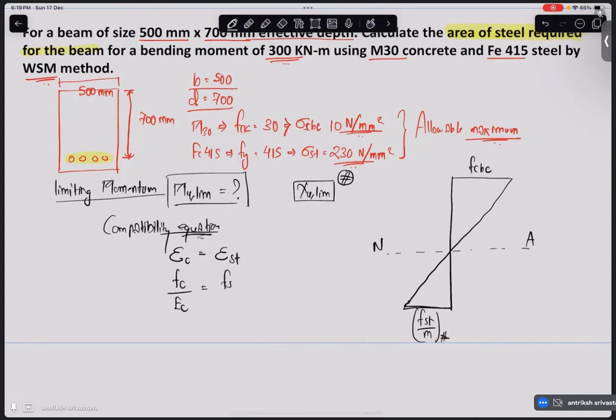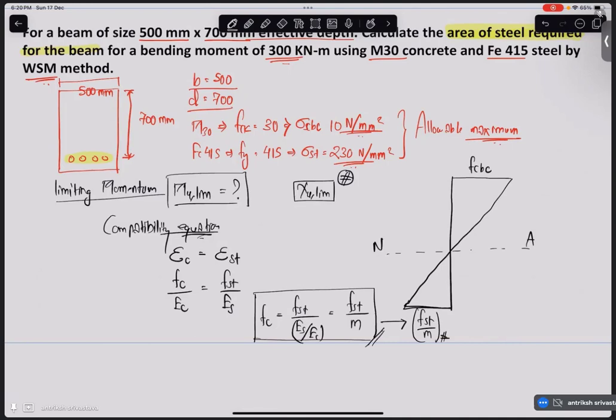This is nothing but Fst divided by Es, and Fc is equal to Fst divided by Es by Ec, and we all are familiar that Es by Ec is nothing but our modular ratio, right? So this is the reason for this.